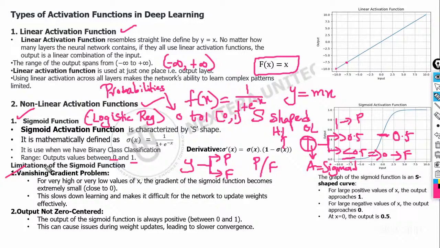What is this vanishing gradient problem? If the values of x, nothing but your input, are very high or very low, then once you take input values as a very high value, it gets multiplied with weight. That is what we do as part of a neural network.